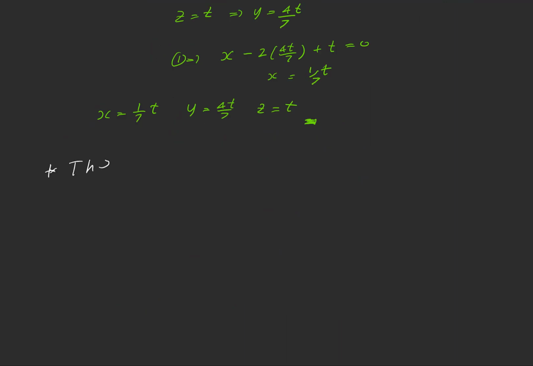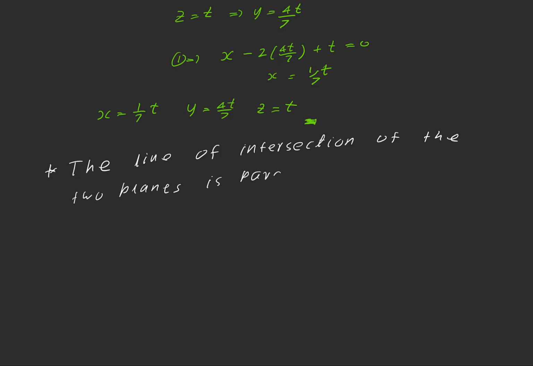Next, the line of intersection of the two planes is parallel to the cross product of their normal vectors.